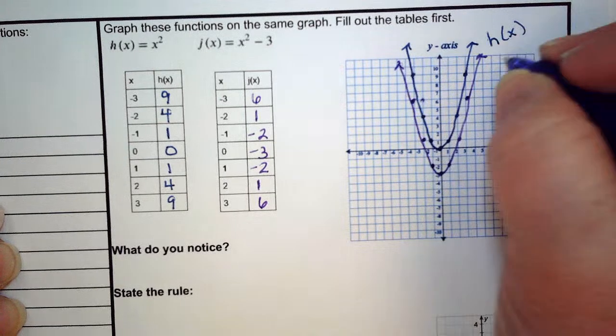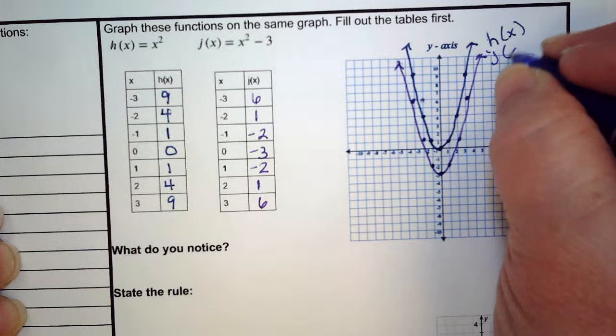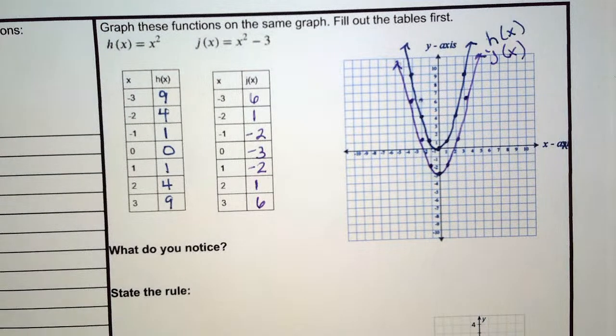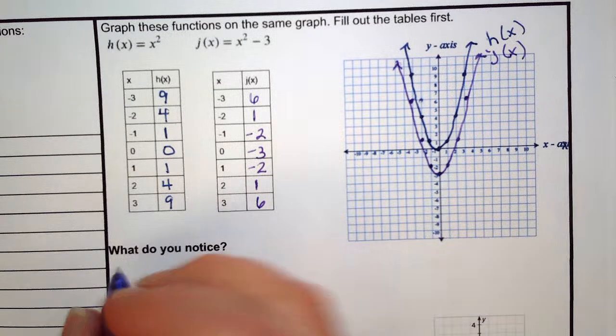And this one is J evaluated at X. So what do you notice? The graph has moved down 3 units.